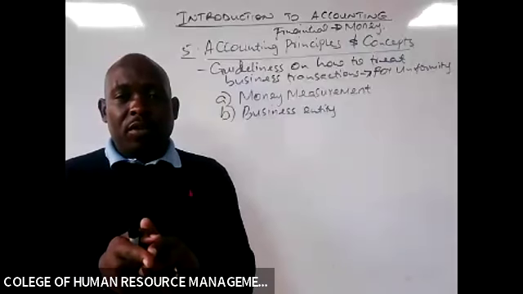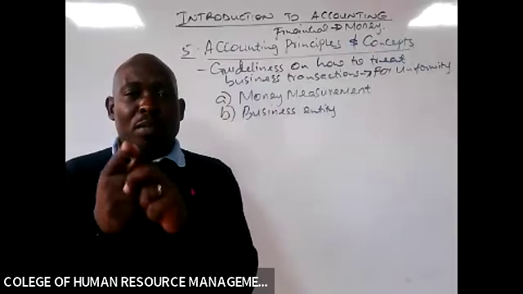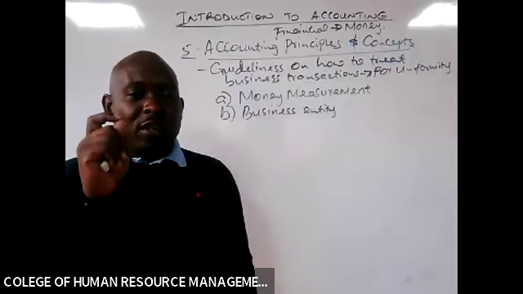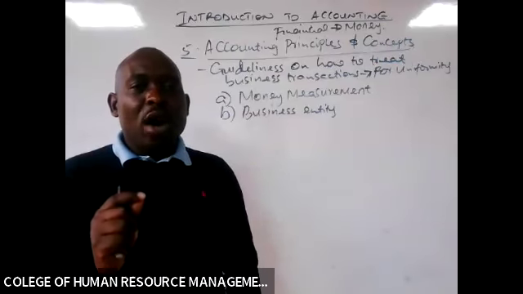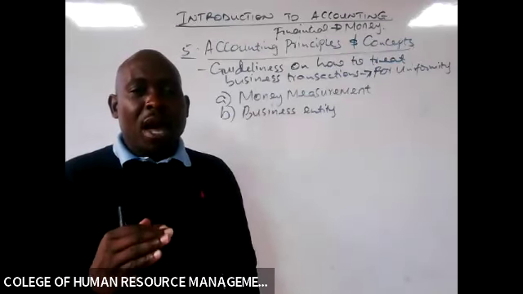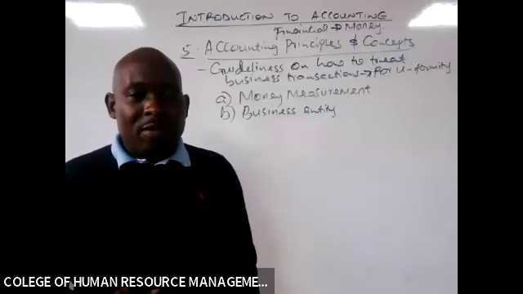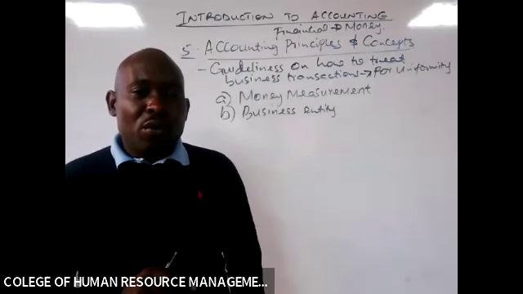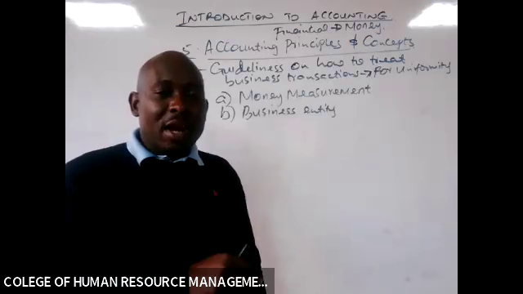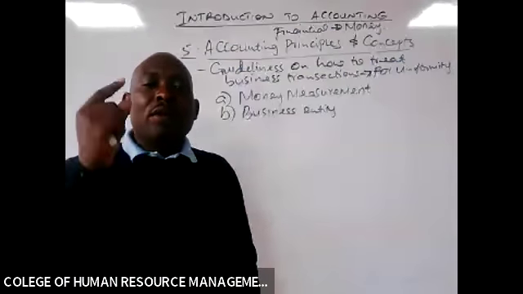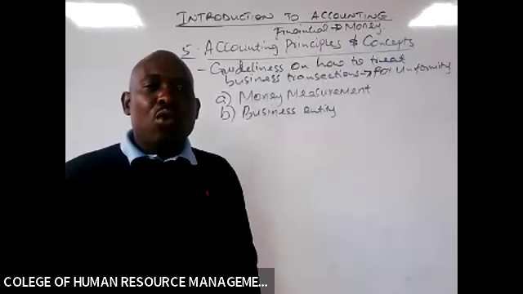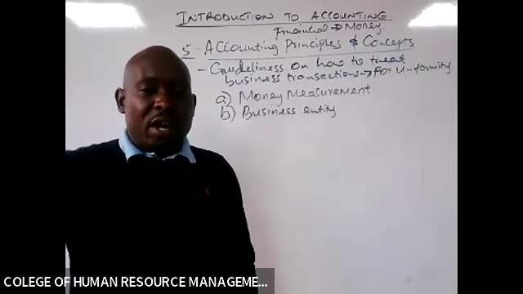You own a business. So you, the owner, and your business are two distinct parties. At your personal level, you have your own income and your own expenses. From the business point of view, it generates its income, and it also incurs expenses. Your personal income, you cannot combine with the business income.